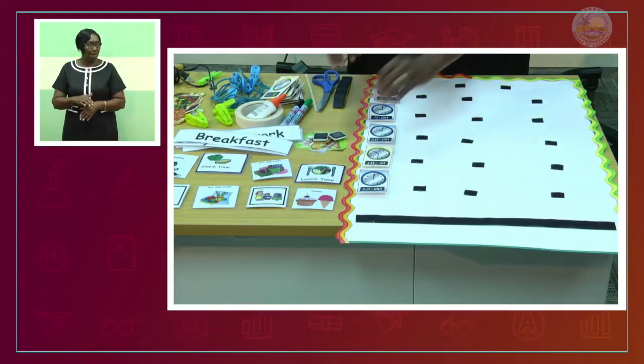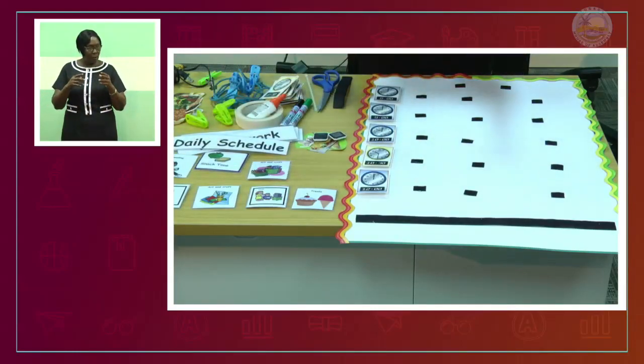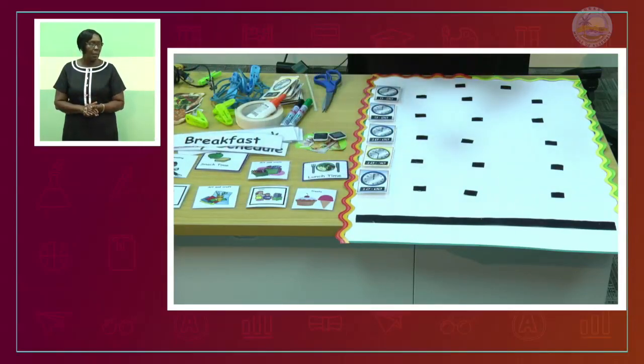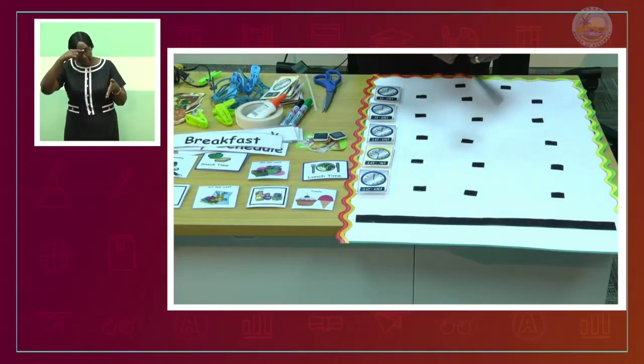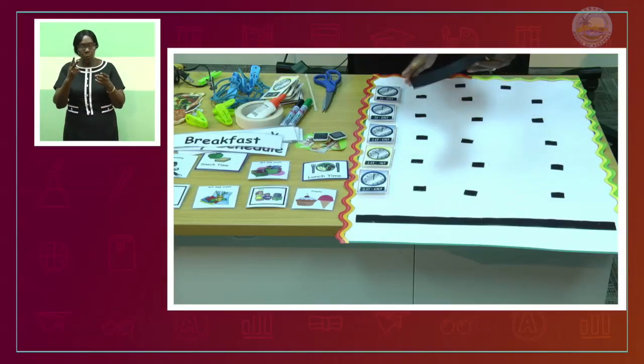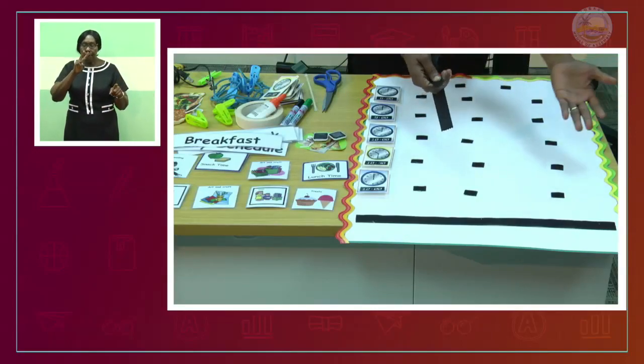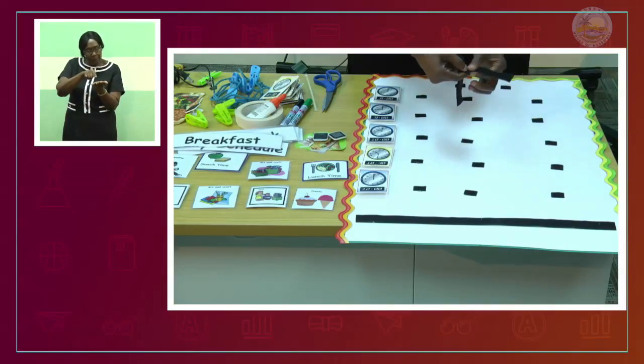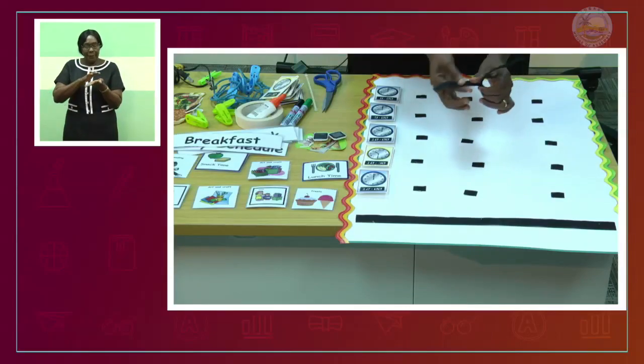So after you would have sourced and laminated your pictures, you would get your Velcro strips. Now for the Velcro, you have two parts, right? And you can get this at any hardware store or any fabric store. So you have two parts. You have a smooth part and a rough part.